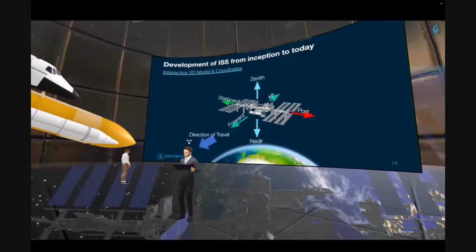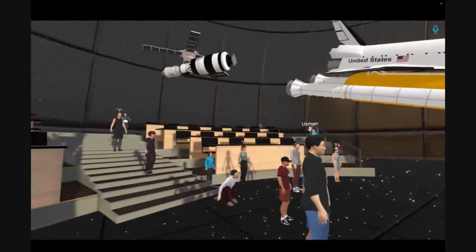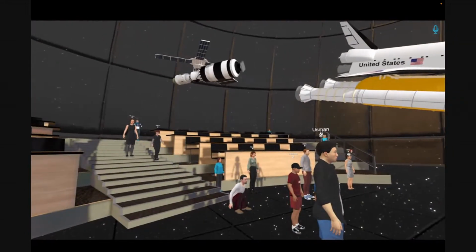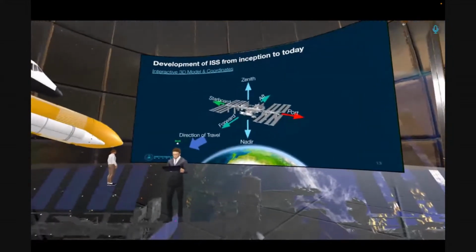Starboard. Exactly, starboard. And if you're facing the direction of travel, what is to your left? Port. Port, good. Now, if you're facing the direction of travel, what is the direction that is pointed away from the Earth?